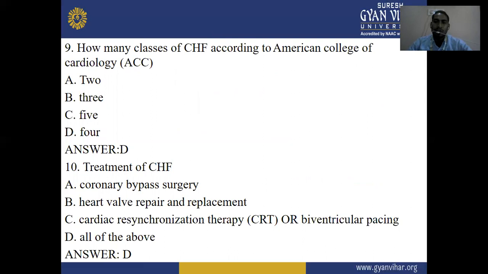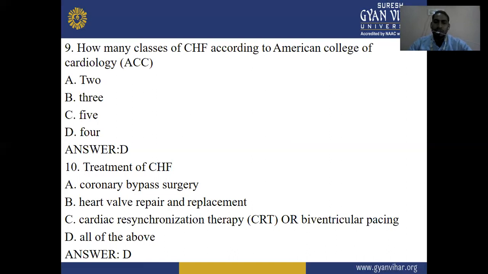Option A is 2, option B is 3, option C is 5, and option D is 4. The right answer is D. There are 4 classes of congestive heart failure according to the American College of Cardiology.